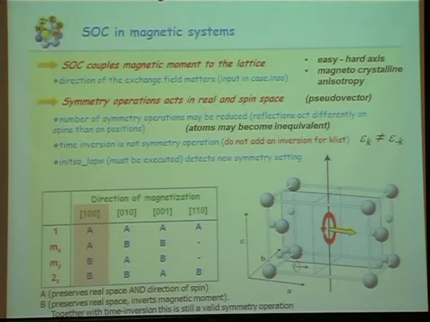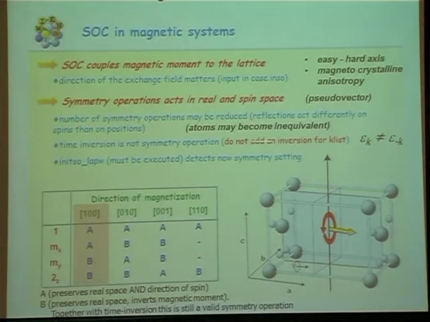Now, if I have spin-orbit coupling switched on, and iron is magnetic, I have a situation where I have a current loop, or if you want, a magnetization in a certain direction. And then the z direction, for instance, is of course different from the x and y directions. That means cubic BCC iron, ferromagnetically ordered, including spin-orbit coupling, is no longer cubic. It reduces to tetragonal symmetry.